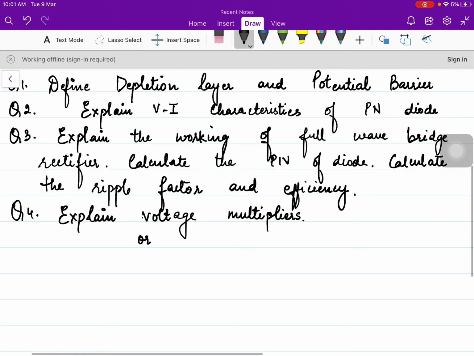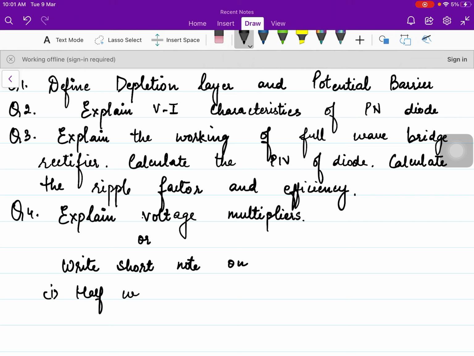And if you are specially asked to write short note on half wave and full wave doubler, then you must know it. So write short note on half wave voltage doubler. Full wave is more important, or full wave voltage doublers.